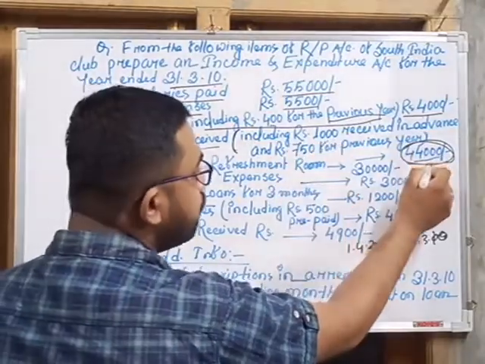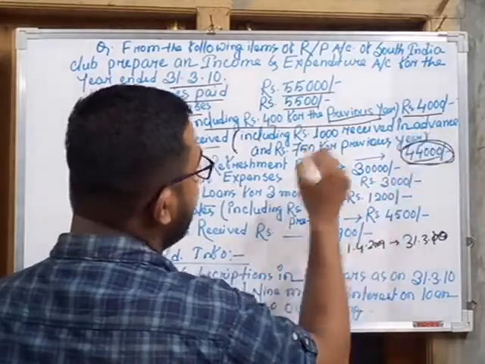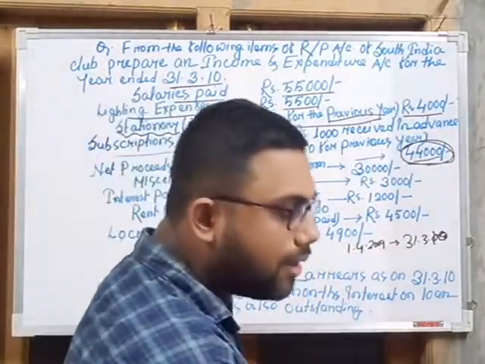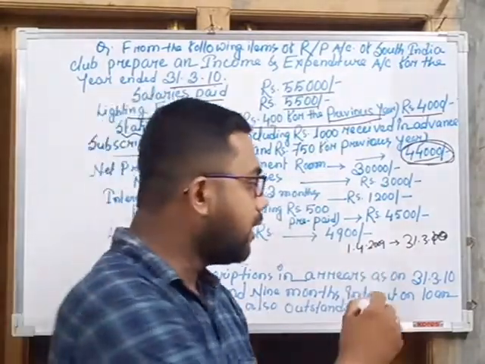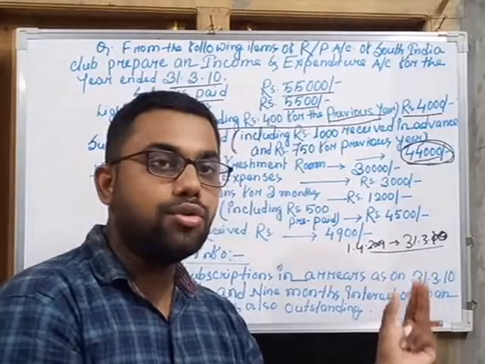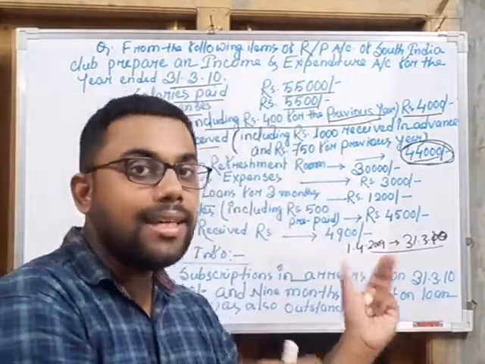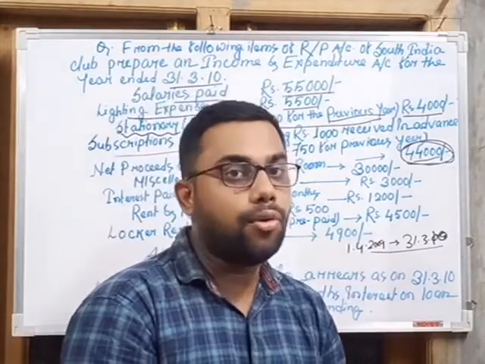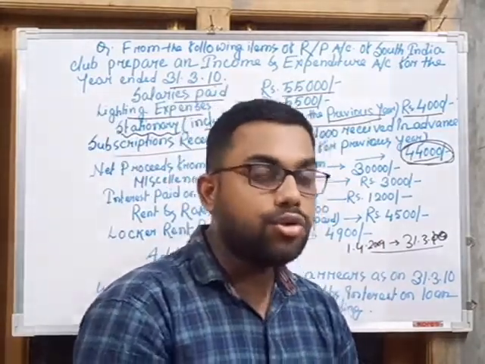That means out of rupees 44,000, rupees 1000 was received in advance. When one person pays subscription for the current accounting year, that is 2009-10, he also paid rupees 1000 for the next year in advance. So now tell me, is it the income for the current accounting year? No, it is the income for the next financial year. So what should we do?